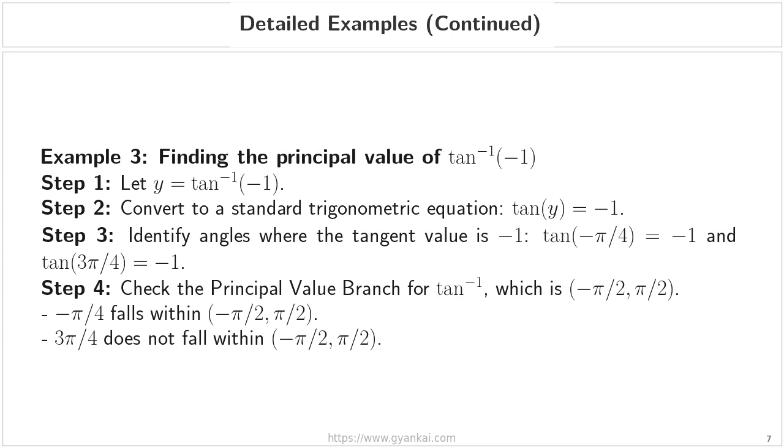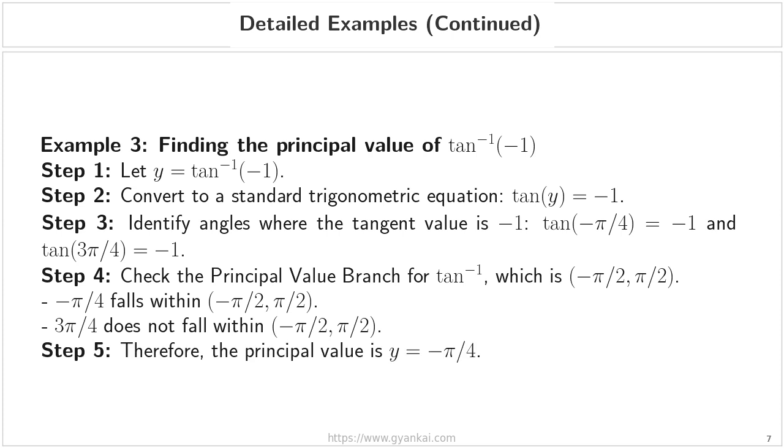Now we reach the most critical part, step 4, selection based on the principal value branch. As we discussed in the earlier slides, the principal value branch for the inverse tangent function is the open interval from -π/2 to π/2. When we compare our potential angles, we find that -π/4 falls within this interval, whereas 3π/4 does not.